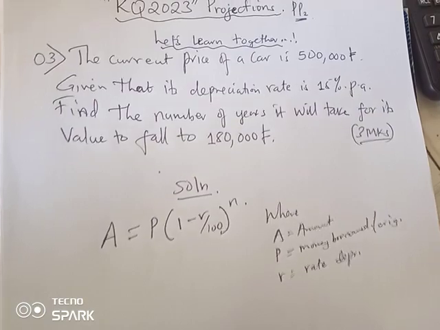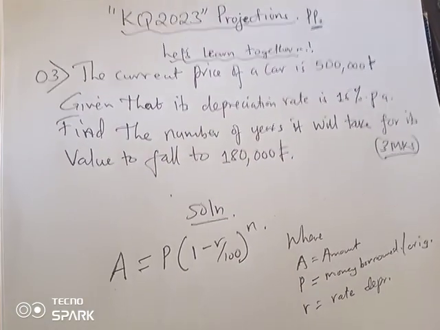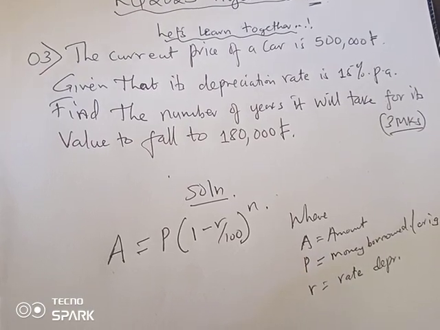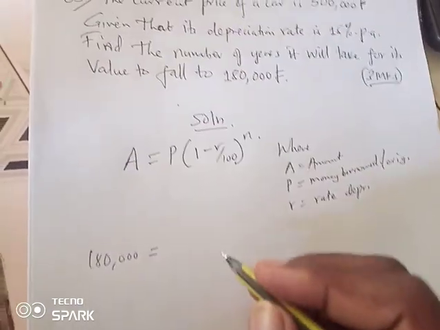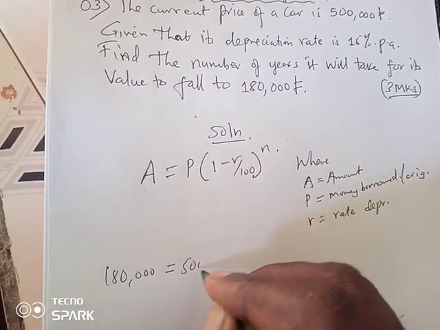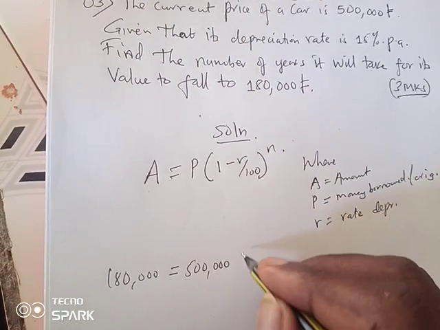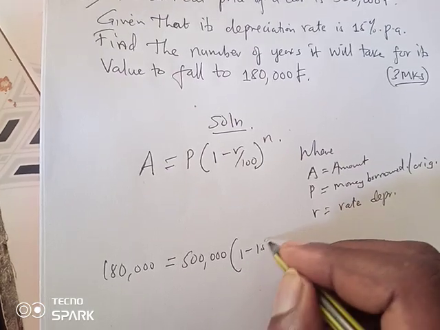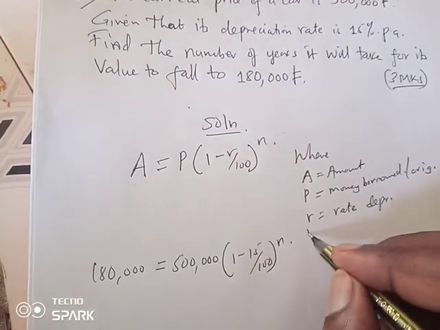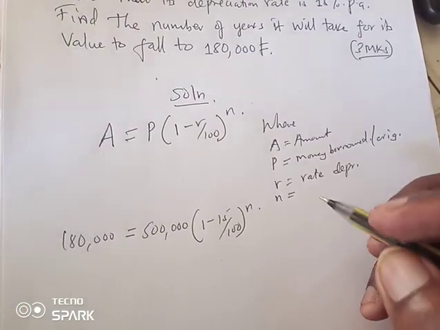So coming back to our question, we are just going to substitute. Our final amount is 180,000 when the original amount was 500,000 into 1 minus 15 over 100 power n. So n here, I'm sorry I didn't explain n.